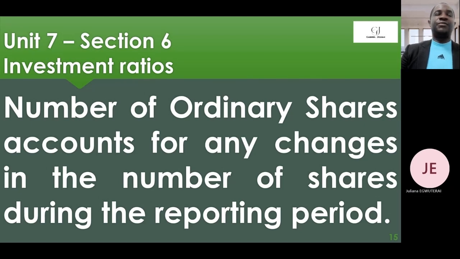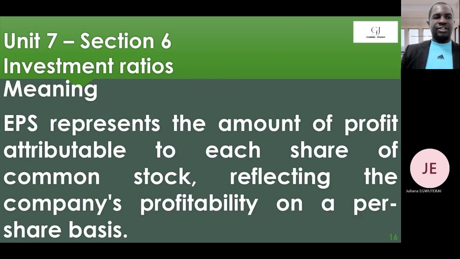So where there are changes, maybe people bought more shares in the period under review, they also come under these ordinary shares and partake in the profit sharing, and those that dropped off or sold off their shares are removed, and the outstanding shares in issue for that period are used to calculate the earnings per share.